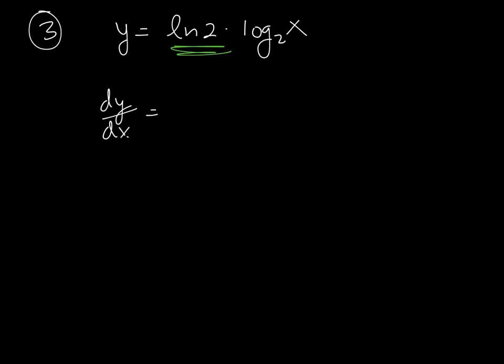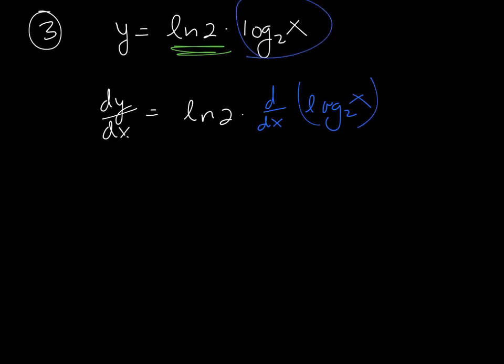So I'm just going to use my simple constant multiple rule, which tells me that if I have the derivative of something with a constant multiple, natural log of 2, I'm going to have that constant multiple times the derivative of my function. And now I need to analyze, okay, what is my derivative of this function log base 2 of x?